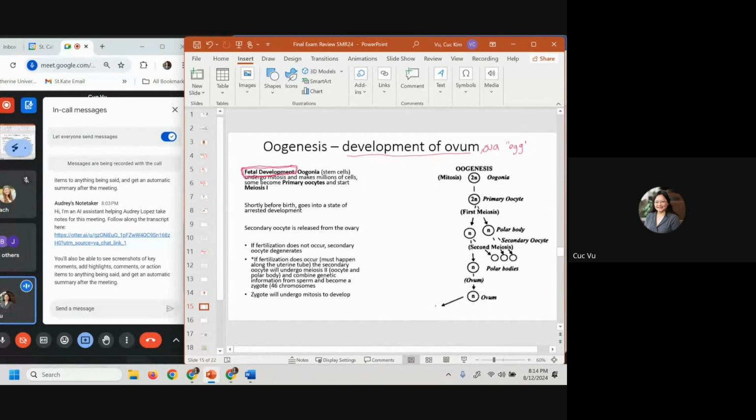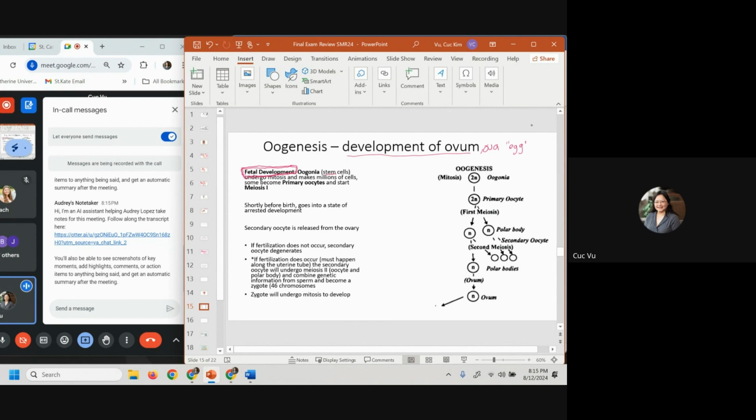Okay, so during a female's fetal development, she's developing other cells in her body to form, for example, the brain and the heart. She's also going to form in her ovaries the eggs that she will have and carry for the rest of her life. During fetal development, she starts off with these stem cells called the oogonia, whichever way you want to pronounce it.